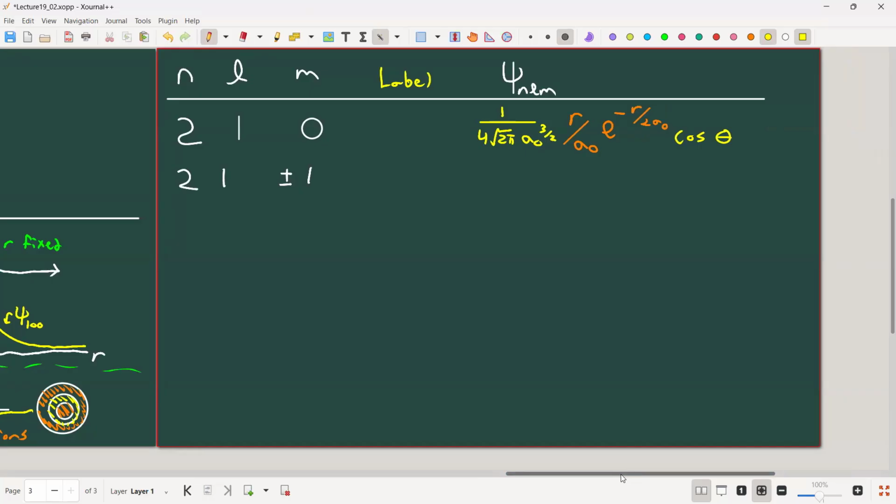So if we hide that cosine of theta, this function just kind of looks like r times e to the minus r. Okay, so this is positive for r greater than 0. And then for negative values of r, the opposite side is negative. There is no r less than 0, so that doesn't matter.